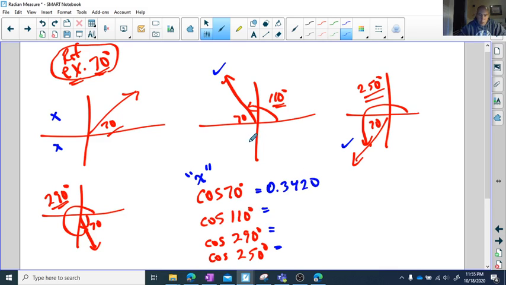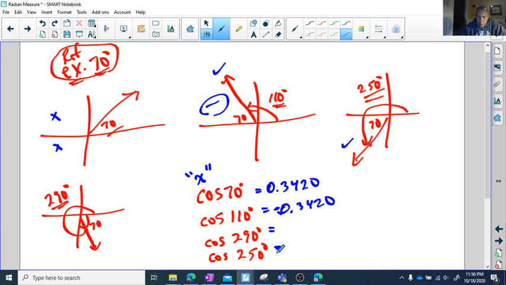Find the cosine of 110. So that's over here. Our prediction is this should be negative for cosine. Let's see if we were right. Cosine of 110. Same thing, but negative. So negative 0.3420.